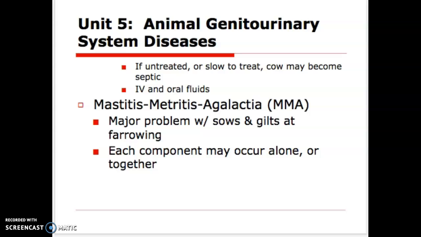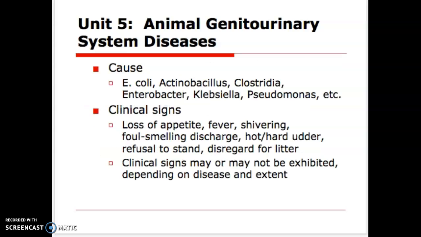Last one in the list here is MMA, or mastitis metritis agalactia, which is a swine-related disease, and each component may occur alone or in some combination of the three. We've kind of talked about all three of these, so I think you have a fairly good concept of what we're referring to here. Again, you'll find very similar pathogens that cause these types of things.